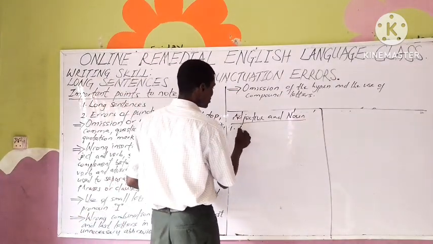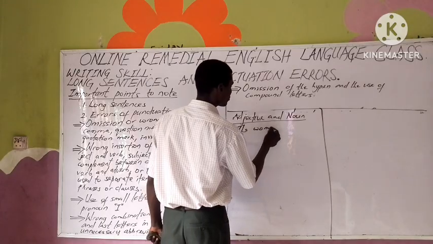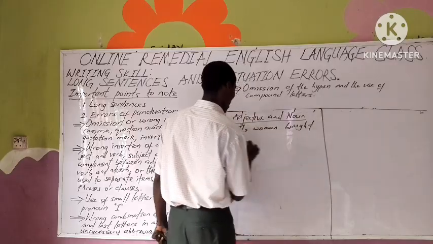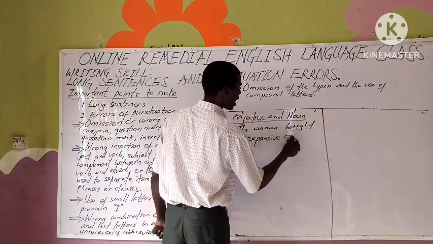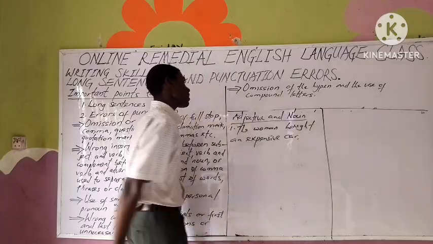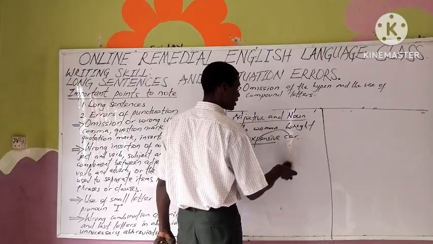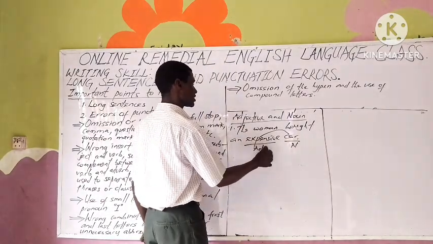Now let's say: the woman bought an expensive car. The woman bought an expensive car. The word expensive is telling us about the car, which is a noun, therefore it is an adjective.